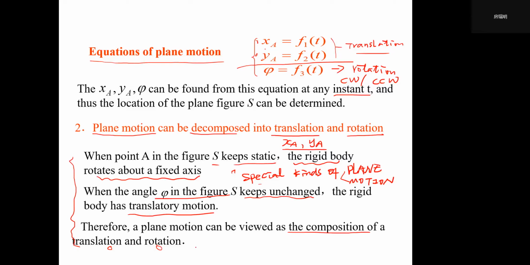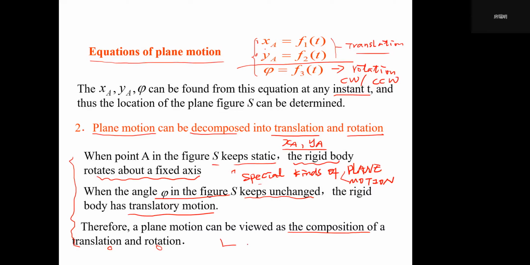So if a rigid body has a plane motion, that means it has a translational part and also a rotation part at the same time.